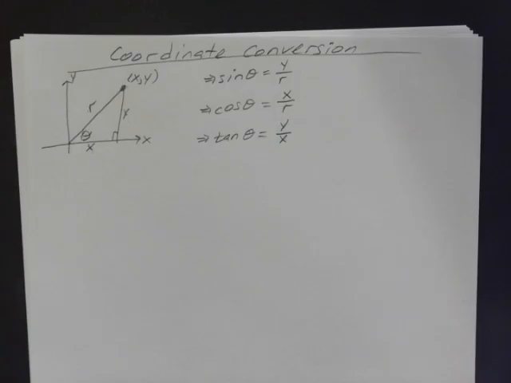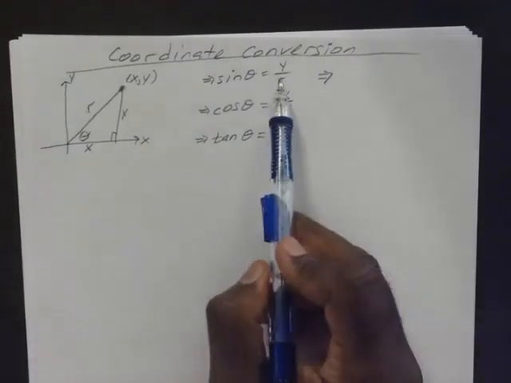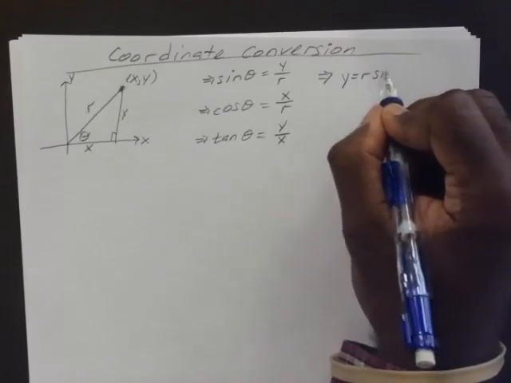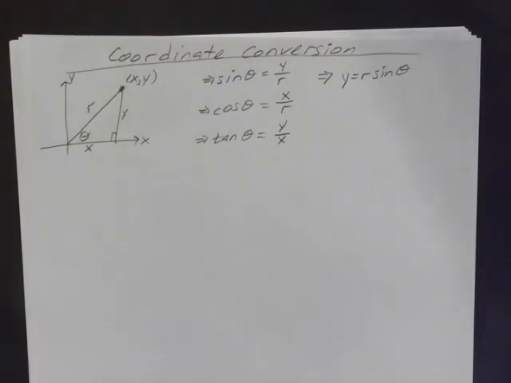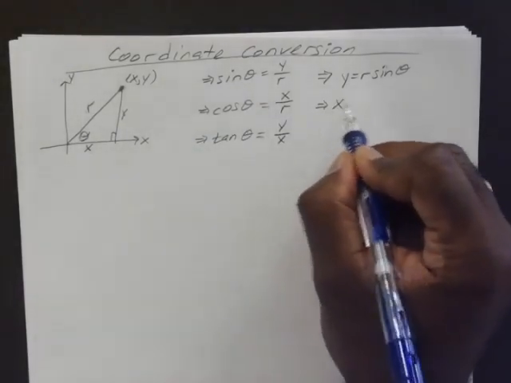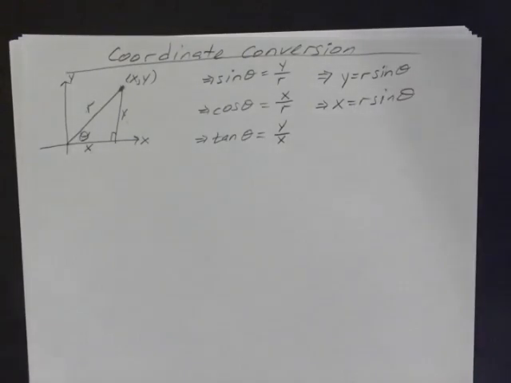Okay. So that means if we multiply both sides by the radius, then y is equal to r times sine of theta. Same thing for cosine. If we multiply both sides by the radius, we have x is equal to r times cosine of theta. Okay.